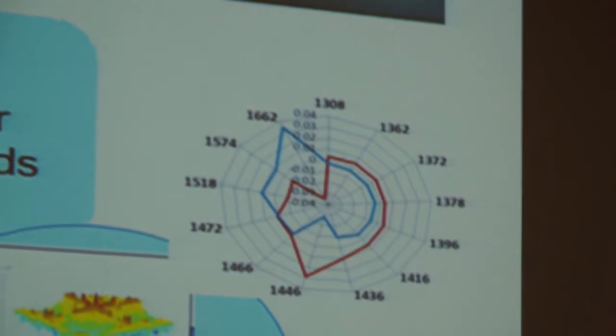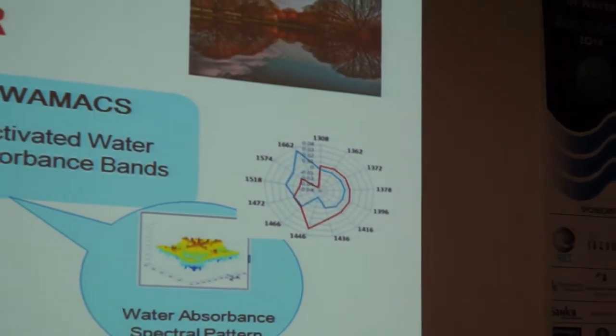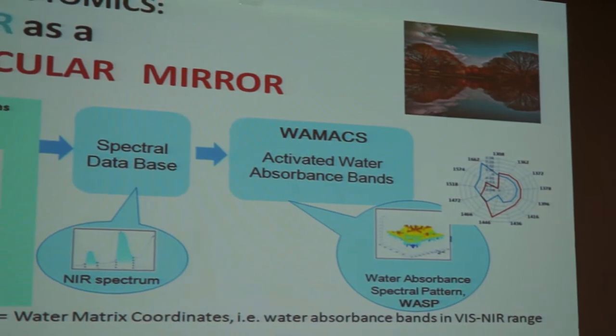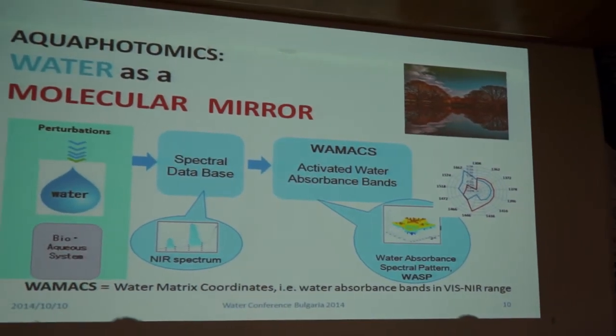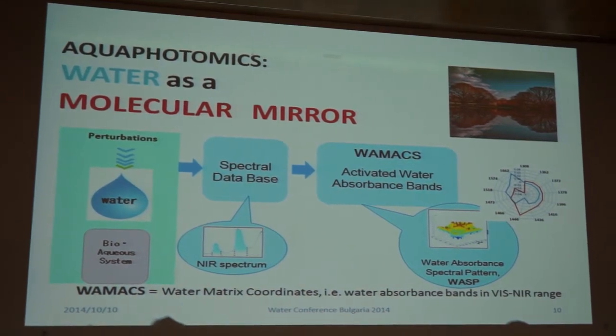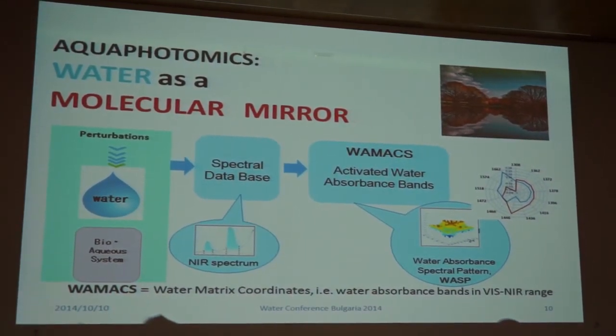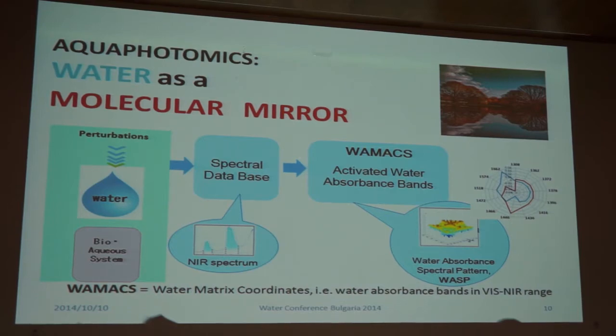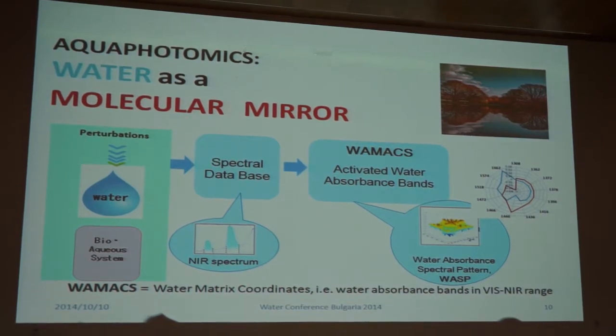We could have one single molecule, and that single molecule at a certain time will change the water molecular system in a unique way. So if we know this spectral pattern, then we can use it to identify this single molecule.